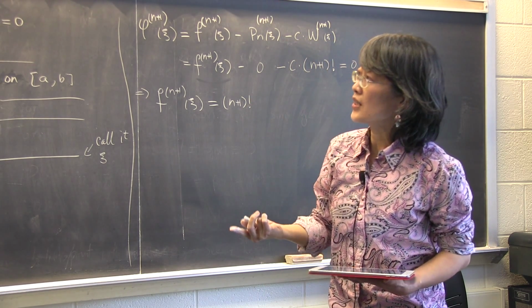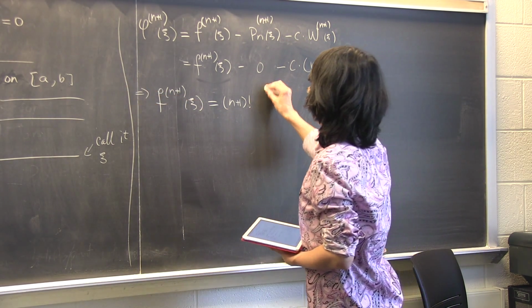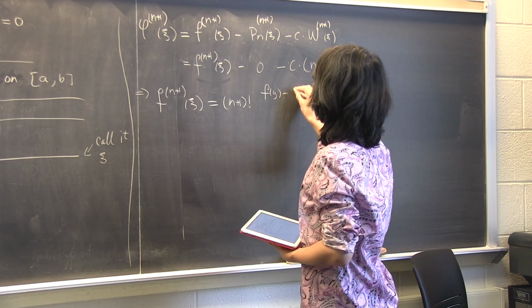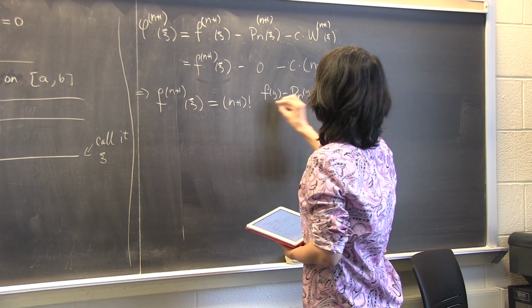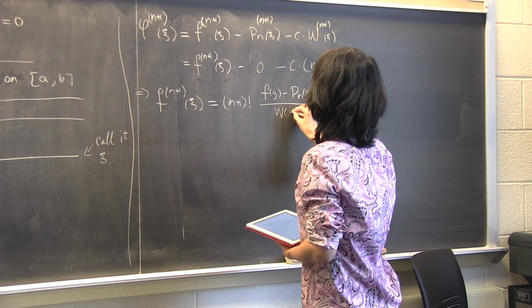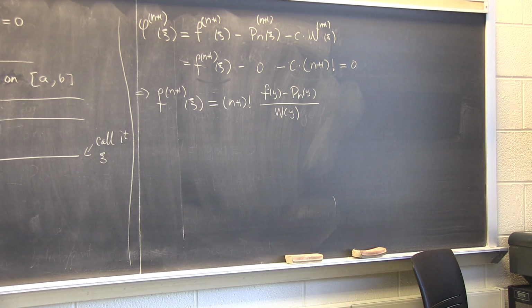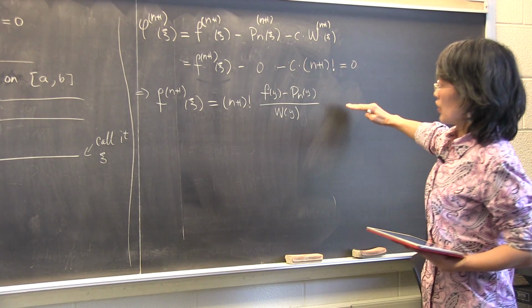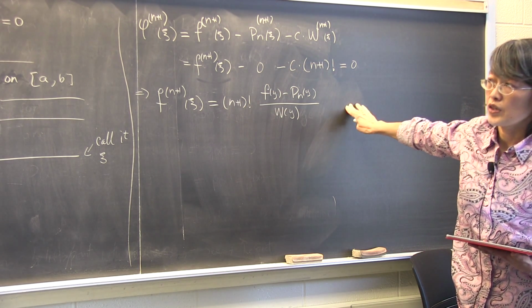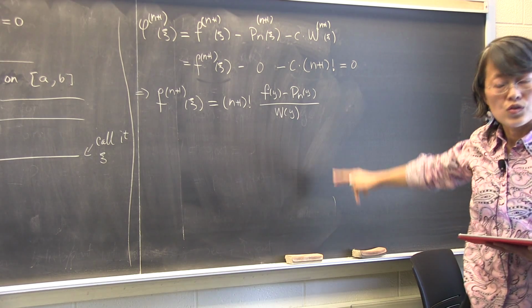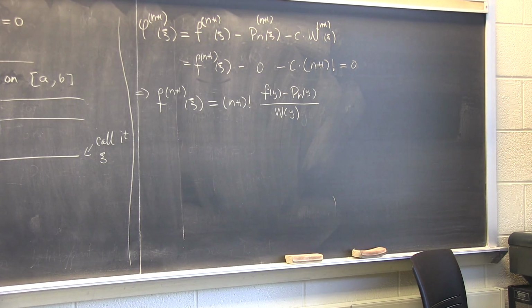So let's put back the expression for c. We set it up: it's f of y minus pn of y over w of y. So that's what we have shown so far. We're almost there. So you see, up to now, until this argument, we have had y fixed. So where did we introduce the y? We introduced it here; y is any number that you can choose as long as it does not equal xi.